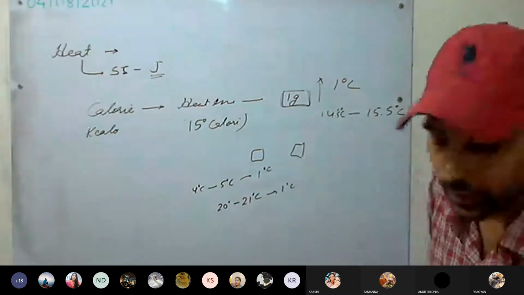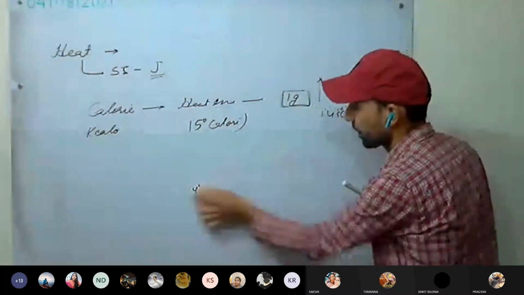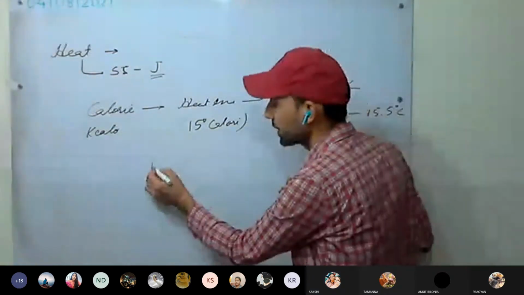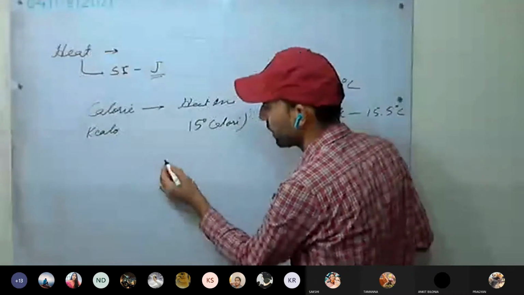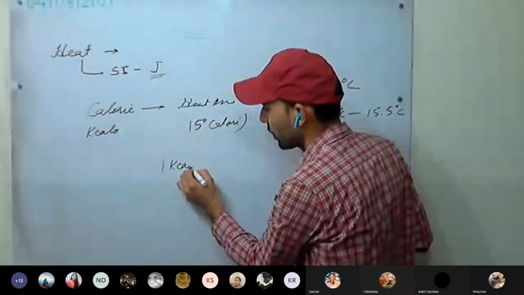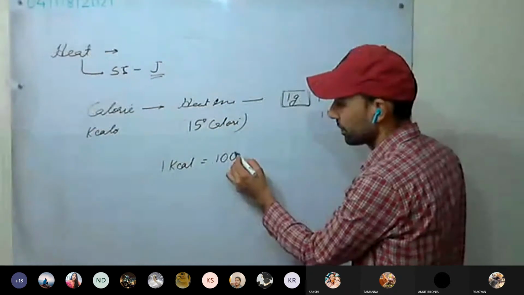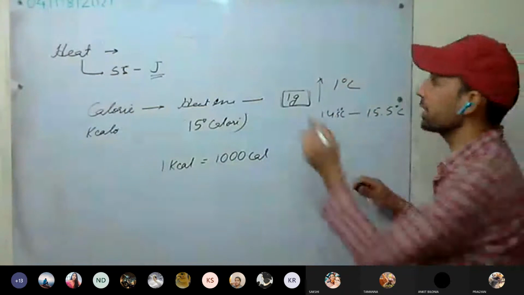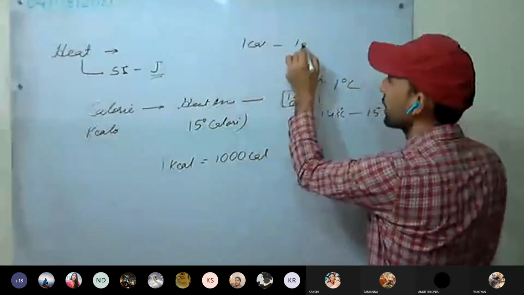What is a kilocalorie? Raising the temperature of 1 kilogram of water. So how is 1 kilocalorie related to calorie? 1 kilocalorie is equal to how much? 1000 calories. See here, the amount of heat energy, 1 calorie, is for 1 gram.